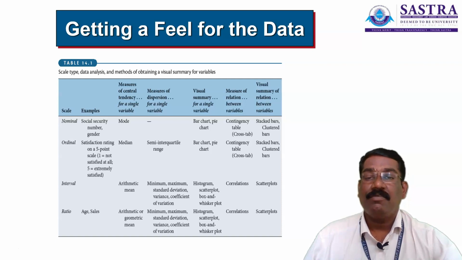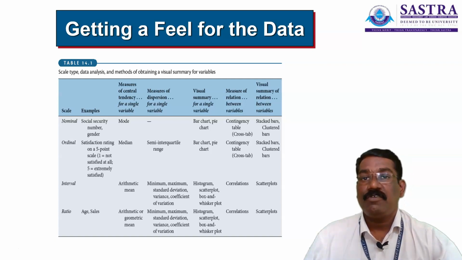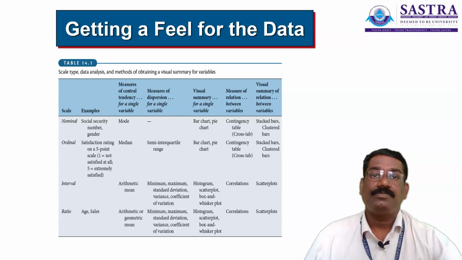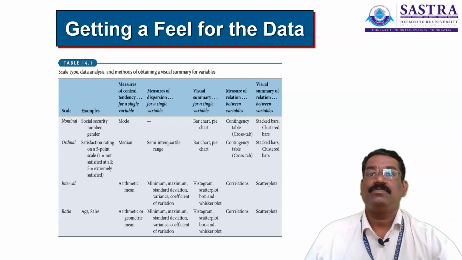That can be explained in detail depending on the level at which a variable is measured. So we can see Table 14.1, which summarizes the relationship between the scale type, data analysis, and methods of obtaining a visual summary for variables.